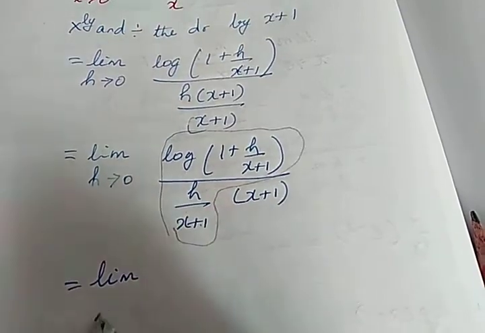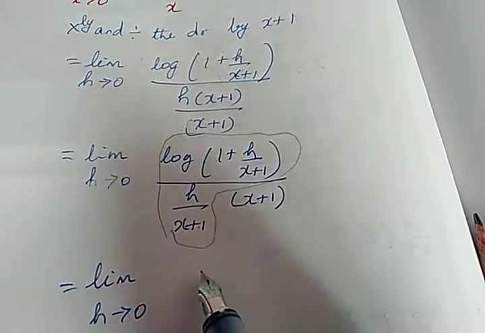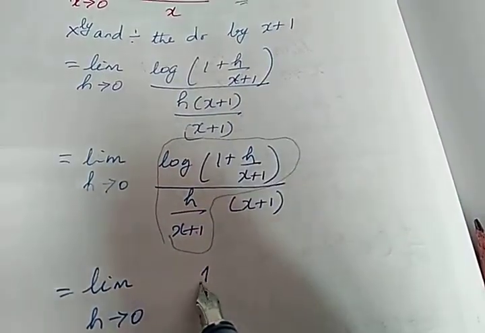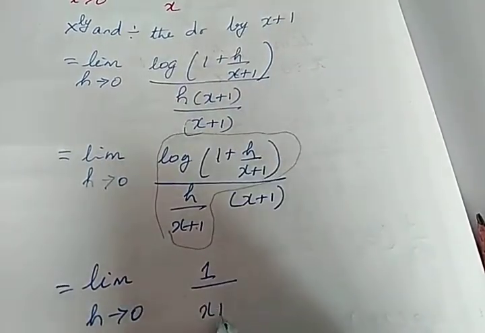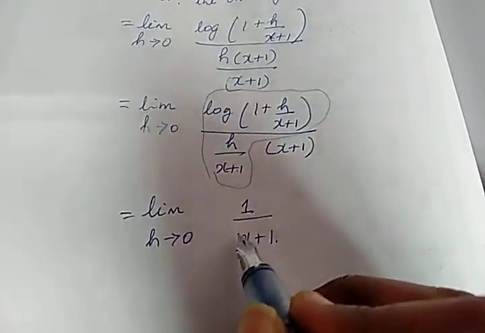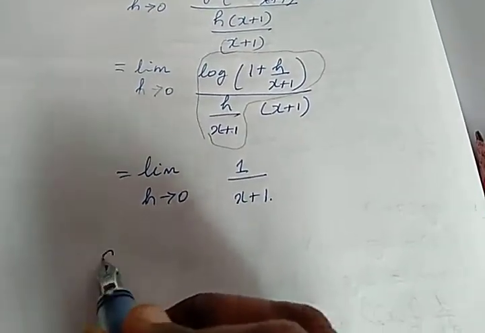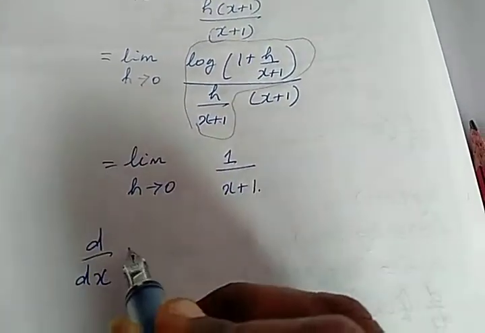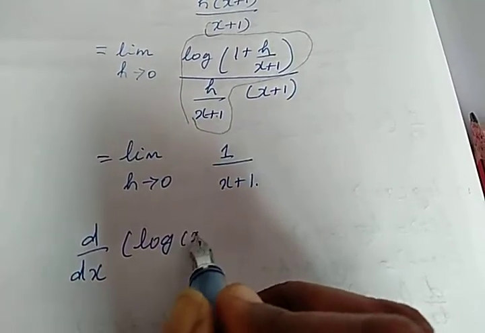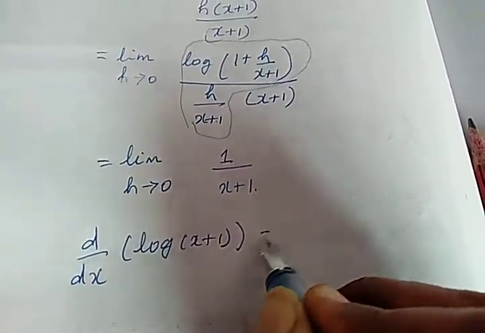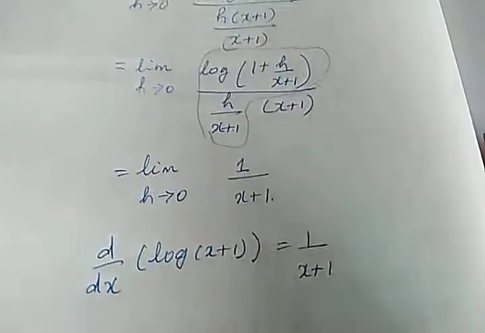Limit h tends to 0, for this whole part 1, divided by x plus 1. So this is your final answer. Okay. So d by dx of log x plus 1 is equal to 1 by x plus 1.